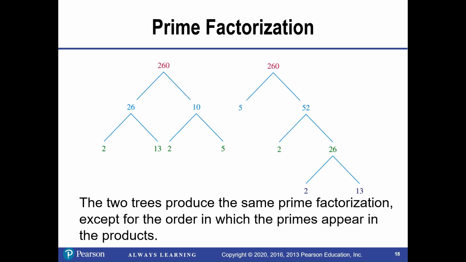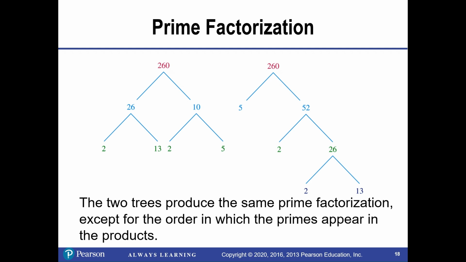Something you should notice about these factor trees is that there might be more than one way to go about splitting up your original number. So if I was splitting up 260, I could first split it into 26 and 10, and then split 26 and split 10 separately, or I could split 260 into 5 and 52 to begin with.